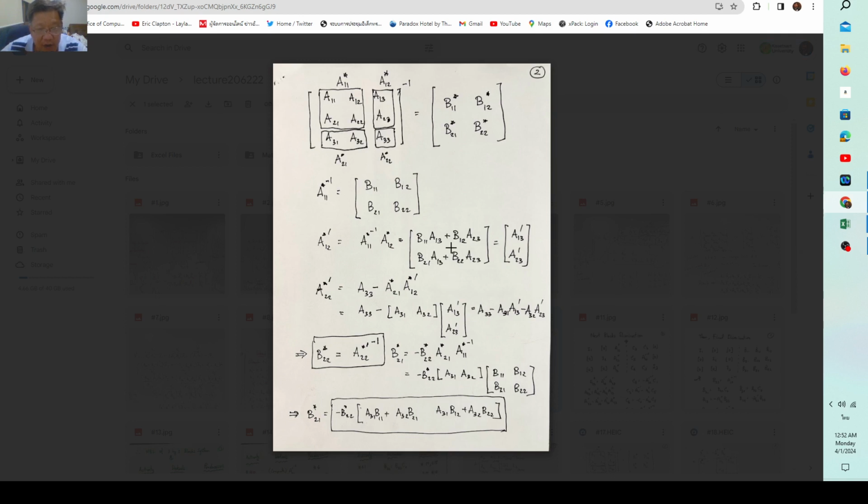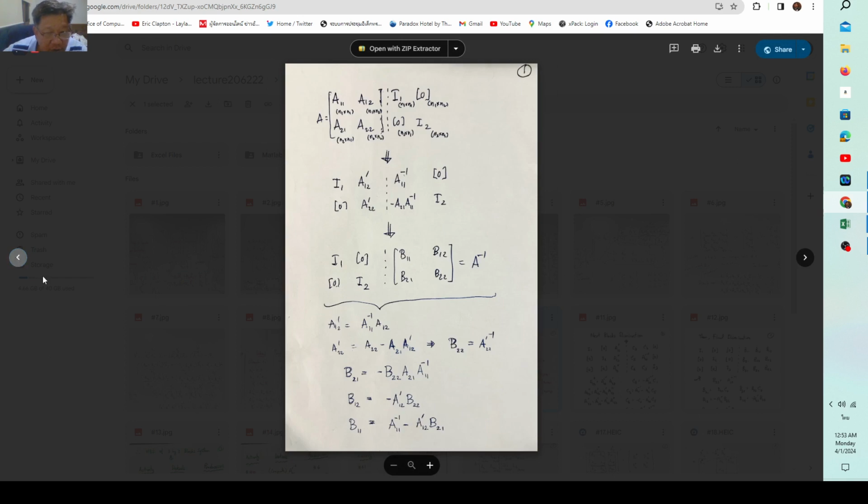Okay, I'm going to call the first part the A13 part, and this one the A23 part, right? And this one we call the A12 star part. So our A12 star part consists of these two submatrices. And then you can see that based on here we need to find A22 prime.